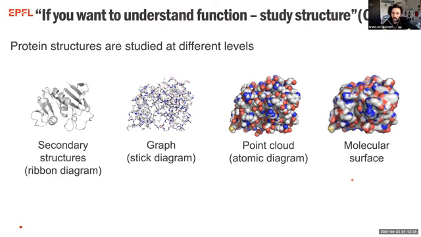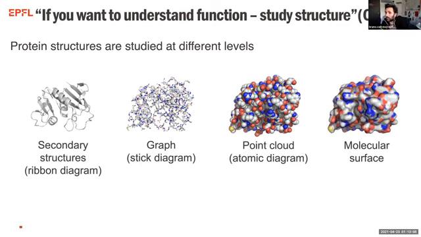And when we talk about studying protein structure, there are many ways that you can do it. You can represent the strings of amino acids that I told you about initially in the form of their secondary structure, which is more of an architectural definition of the three-dimensional shape of the molecule once it's folded. Or you can have a graph where the different building blocks are represented as sticks.